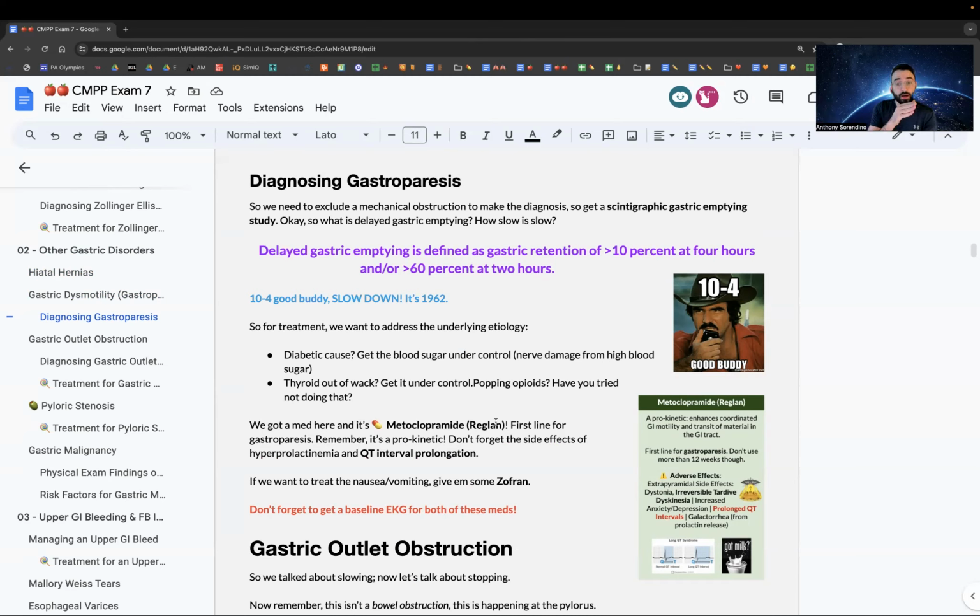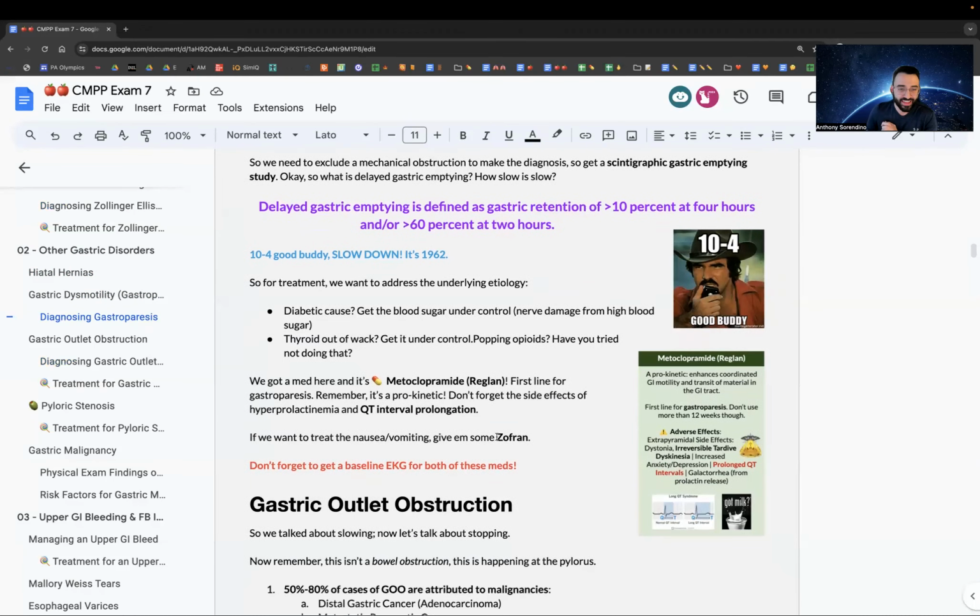Or 2 hours later and greater than 60% of that cheeseburger is still in my stomach, I have gastroparesis. Think of 10-4, like on a radio, 10-4, good buddy, slow down. It's 1962. So 60 and 2 and 10 and 4.